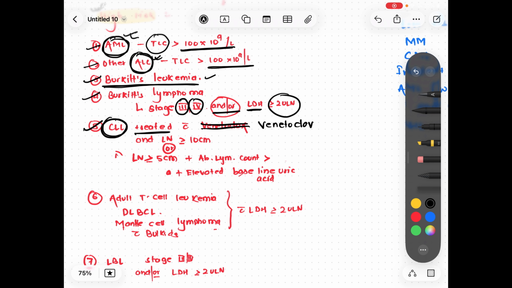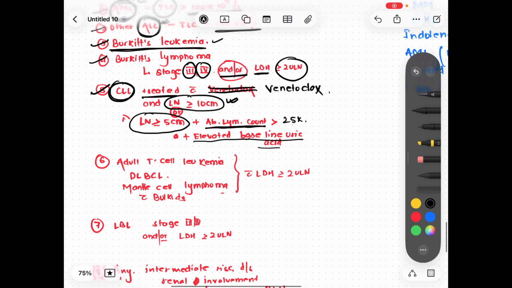Any CLL treated with venetoclax, and the size of the lymph node is more than 10 centimeter, or if the lymph node is more than 5 centimeter and the absolute lymphocyte count is more than 25,000 with elevated baseline uric acid.